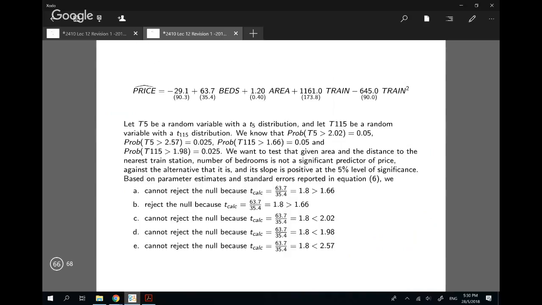Correct, ball. Bangladesh. AB. Reject the null because T calculated 63.7, 1.66.